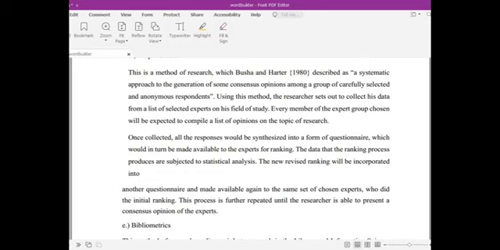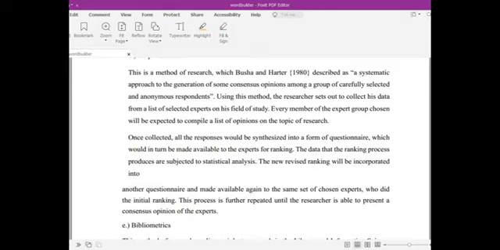The new revised ranking will be incorporated into another questionnaire. You see that it's a kind of refining. When you're refining something, you collect the first data, you put it in the form of a questionnaire, and then you rank again. You revise it, you rank it again, and then you get another questionnaire from the first one. So the new revised ranking will be incorporated into another questionnaire and made available again to the same set of chosen experts.